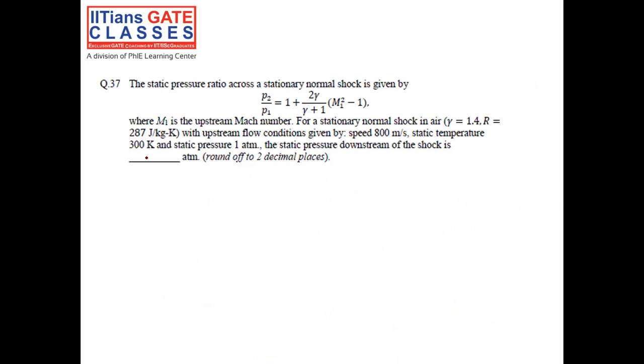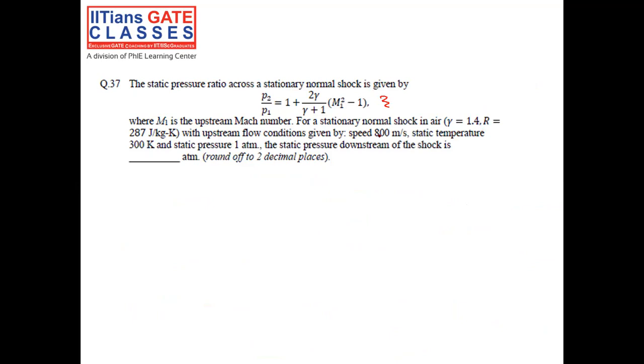Next question. Static pressure ratio across a stationary normal shock is given by this equation. Now M1 is the upstream Mach number for a stationary shock in air.